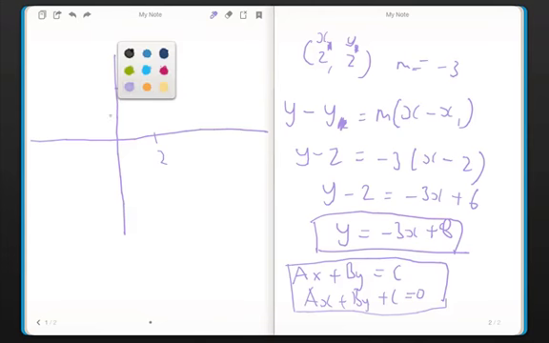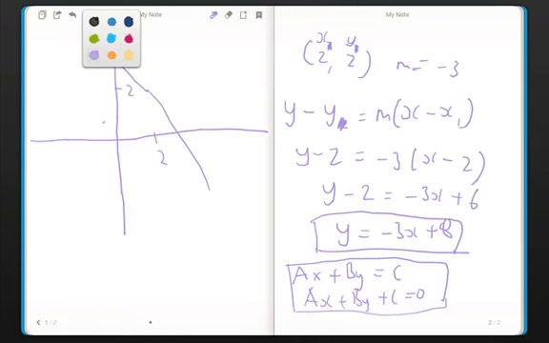And it's going at the minus 3 slope, which is like this. I'm not drawing it accurately, but it's like this. Sorry, this y coordinate is 8. X coordinate is 0. So this is (0, 8).